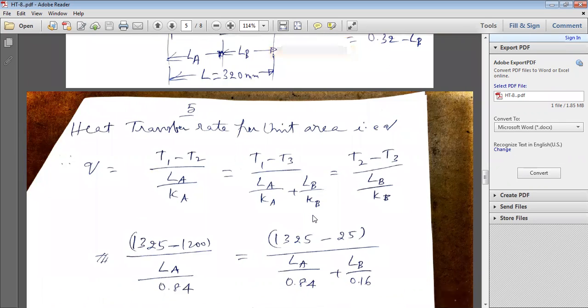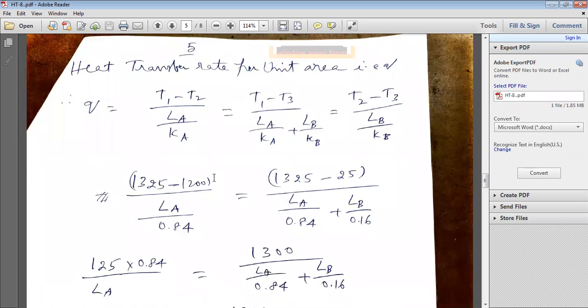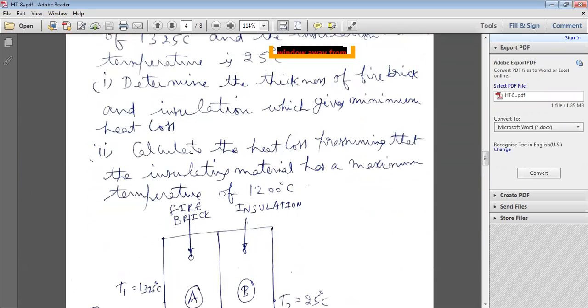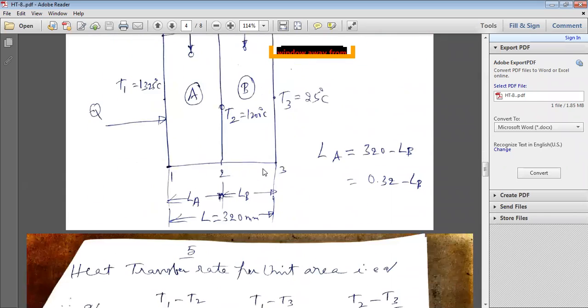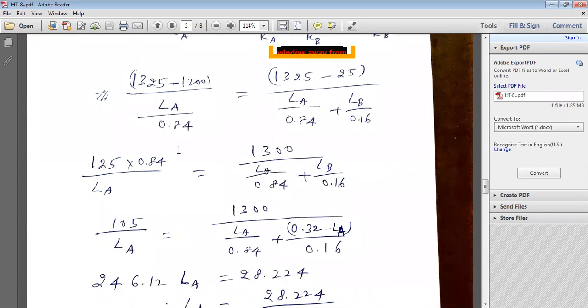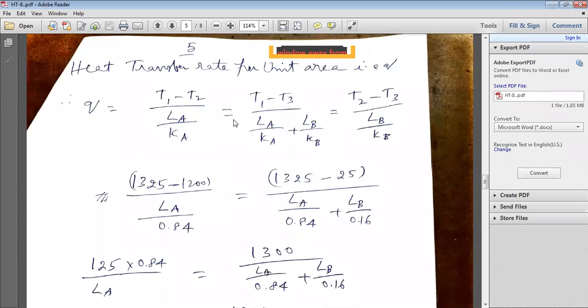If you use that relation, then substitute the available values. T1 1325 minus T2 1200 divided by LA by KA, where the thermal conductivity of material A is 0.84.